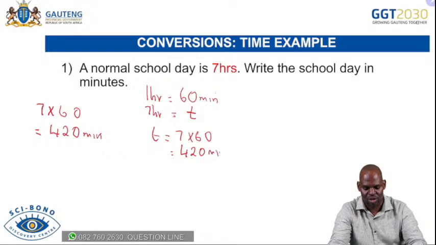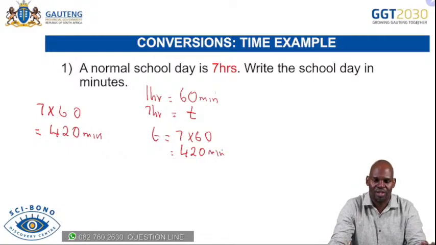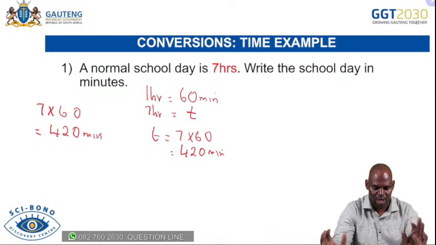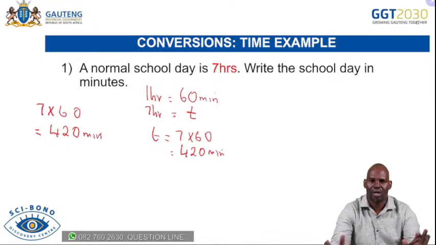So it's 420 minutes. Okay, remember I said in most cases there's always more than one way of doing the answer. Stick to the method that you're comfortable with, as long as in the end the answer is correct. And please make sure that you indicate the method. Please show the method all the time.